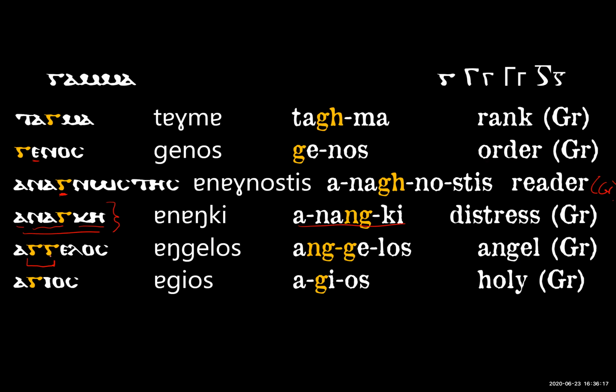Angelos. So this first gamma, because there's a gamma after it, you put it in the back of your throat. And this gamma, because there's an after it, it makes a g sound. So angelos, it's angelos.